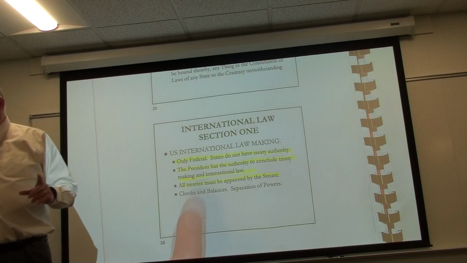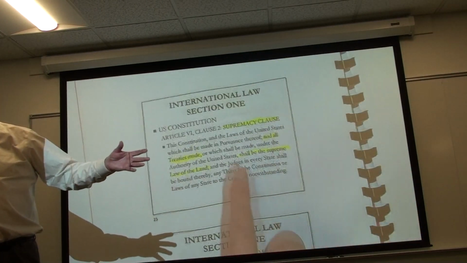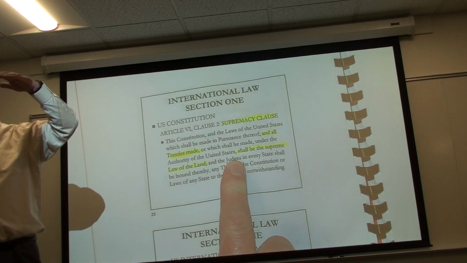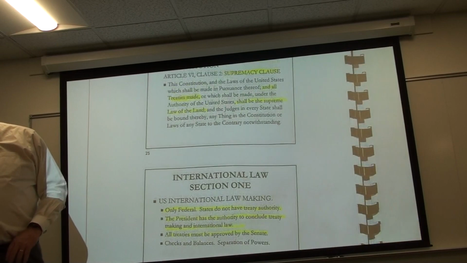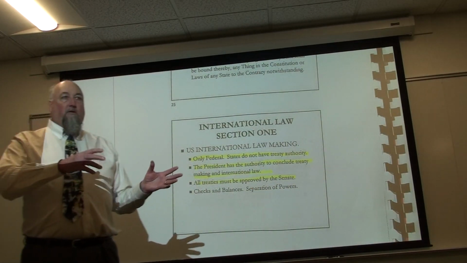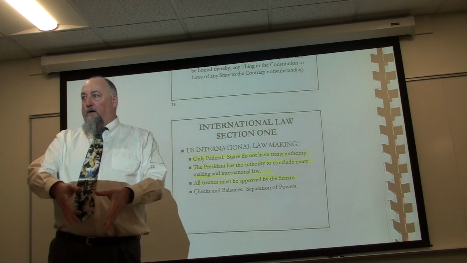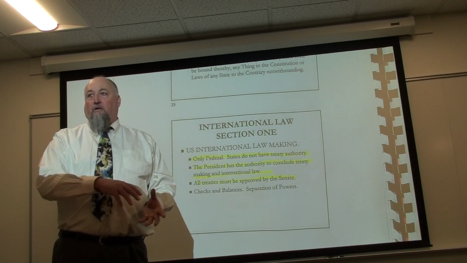Because theoretically, under the Supremacy Clause, which makes treaties a higher level law over state law, then theoretically, if we didn't have this approval, then the president could essentially change the law internally in the US by entering into a treaty. So in essence, the president could legislate.